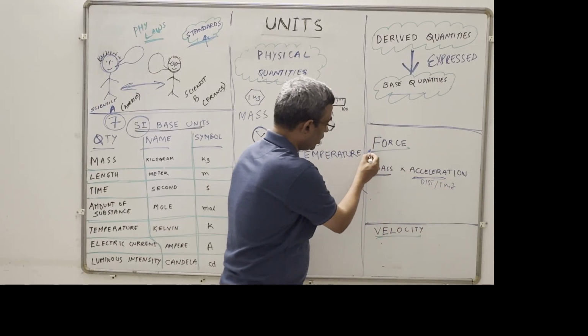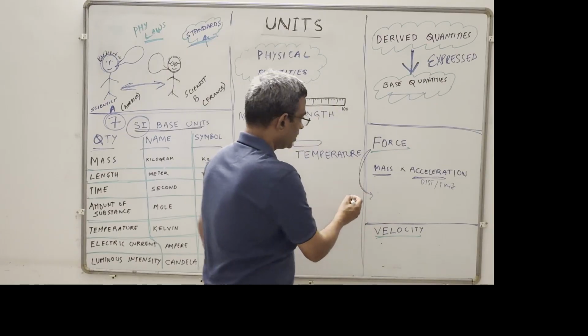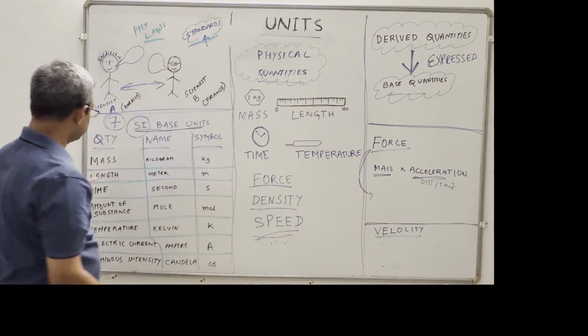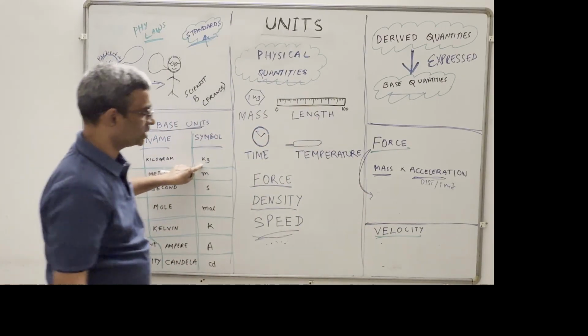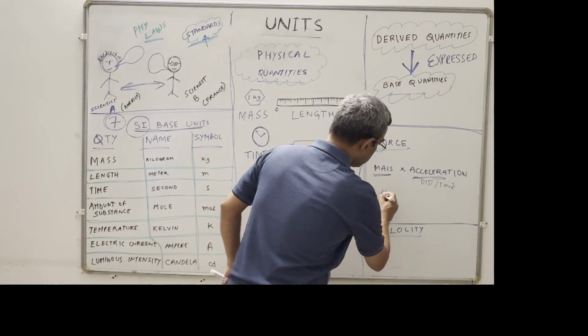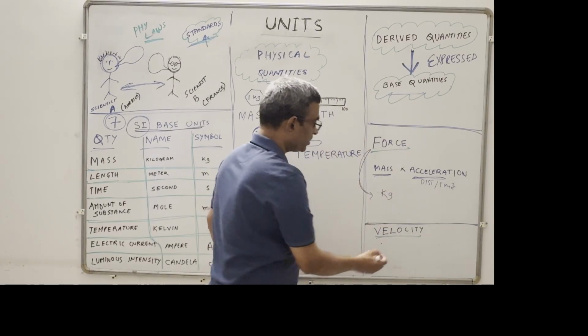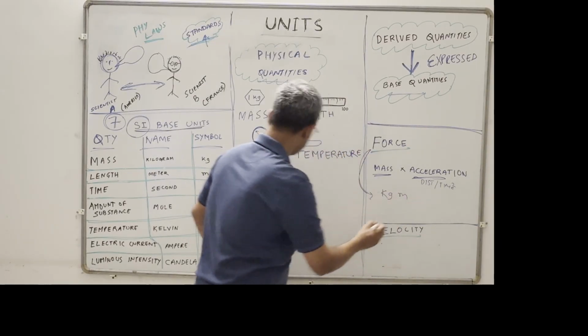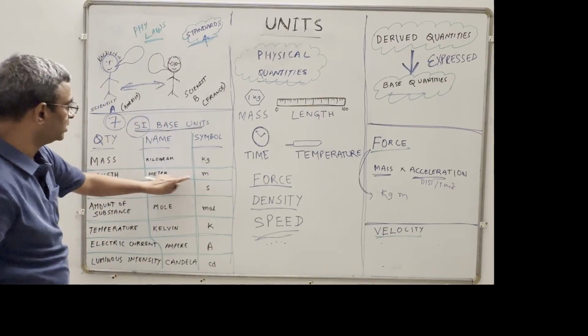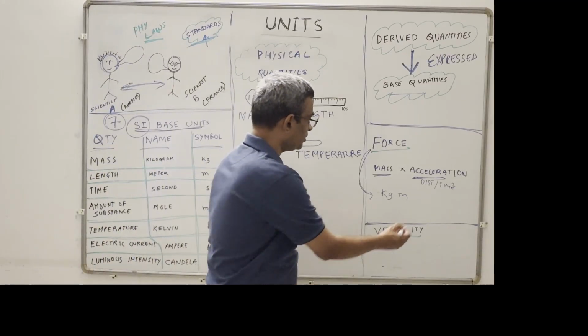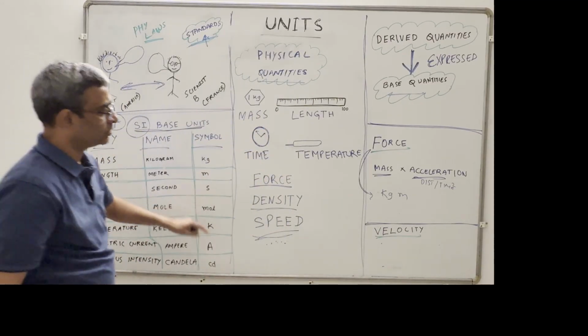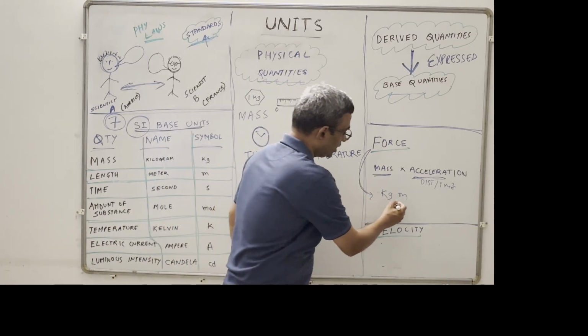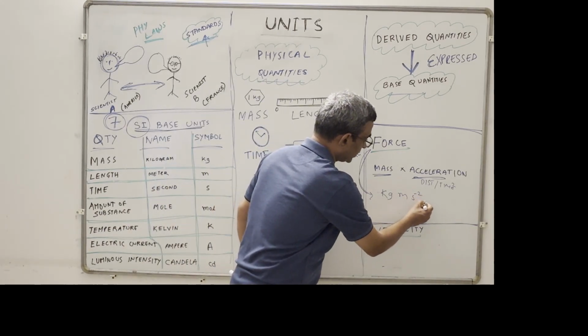So what force becomes is: mass is measured in kilograms, kg. Distance is measured in meters. And time is measured in seconds. So force becomes kg meter per second square.